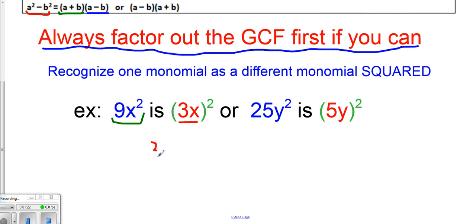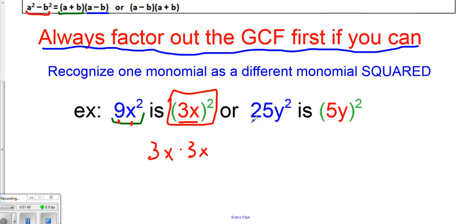By that I mean it's like doing 3x times 3x. 3 times 3 is 9. That's this piece here. x times x is x squared, this piece here. So we can call this whole monomial, 9x squared, this piece, 3x, all of that being squared.